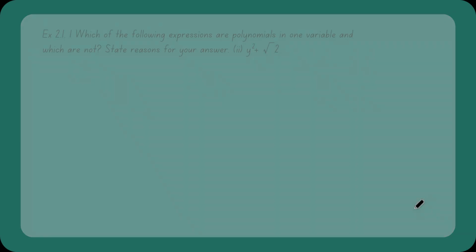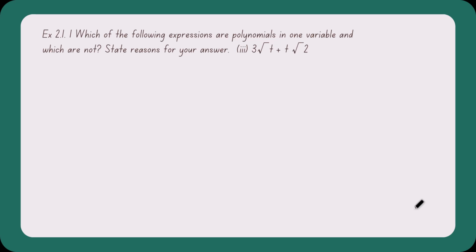So let's see the third one. We have 3 root t plus t root 2, right? So is this a polynomial in one variable? So the question states, is this a polynomial and is this a polynomial in one variable? That's how you have to phrase these questions. If you look carefully, 3 root t means 3t raised to 1 by 2. So instead of root t, I can write t raised to 1 by 2.